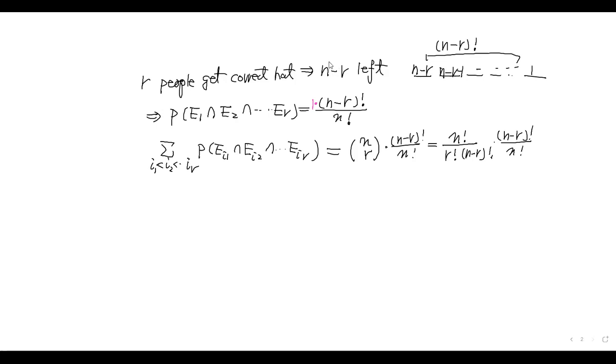So now you can cancel, cancel, cancel. Oh boy, it's such a beautiful formula. It's 1 over R factorial, right?